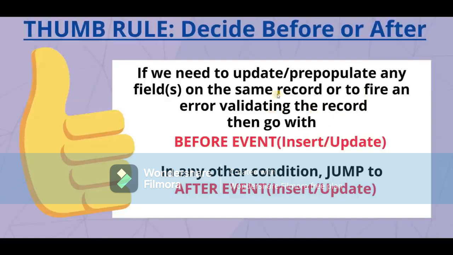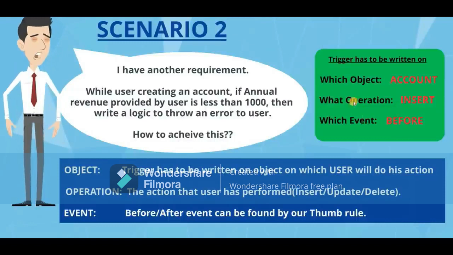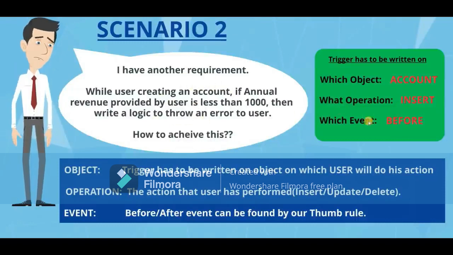So this scenario matches with before insert. As we need to fire an error validating that record, we go ahead with the before event. So the event would be before. Finally, the conclusion is for this scenario, we need to write a trigger on the account object, insert operation, and the event would be before.